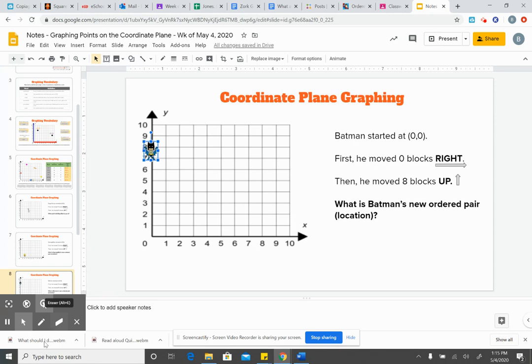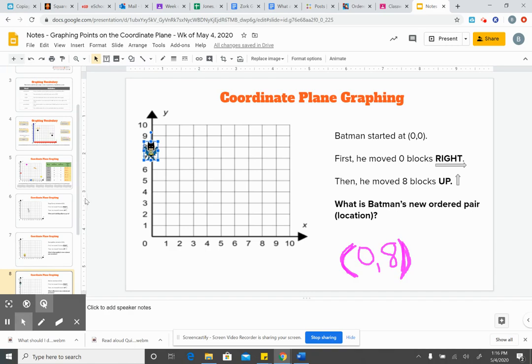So we're going to say that his location is now 0, 8. Forgive me if my parentheses look sloppy. Okay, 0, 8. Nice job.